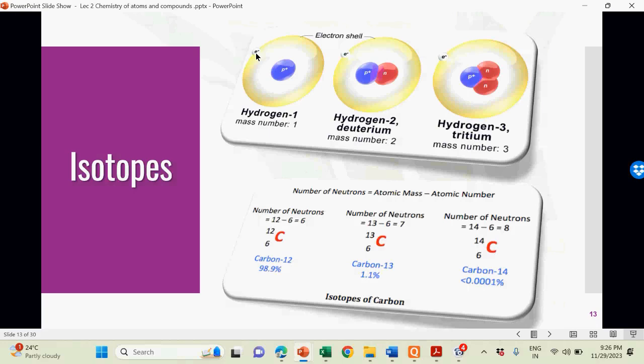And this is very important to know, that the actual mass of the element or the atom is condensed in the nucleus, which contains the protons and the neutrons. Although the electrons are very small in size, they represent the diameter or the volume which the atom occupies in space.